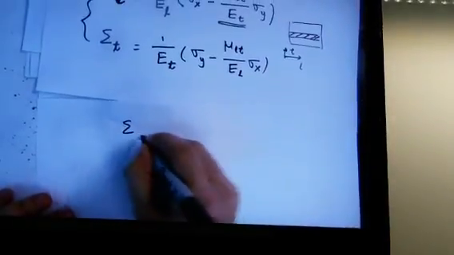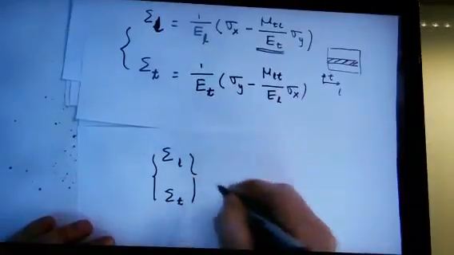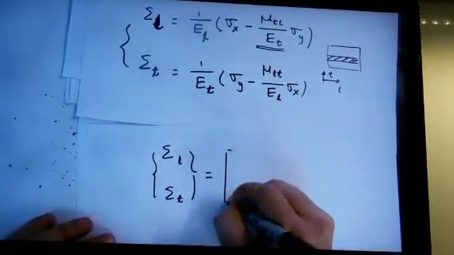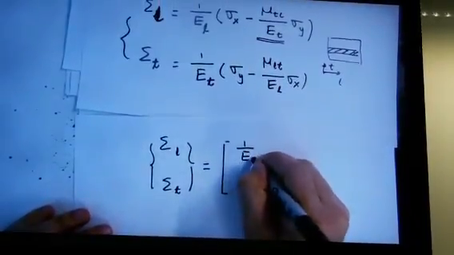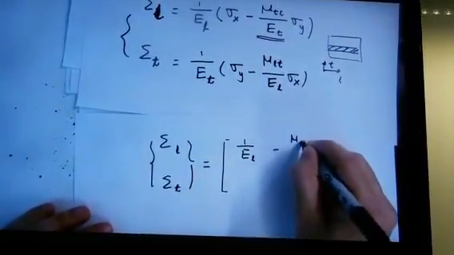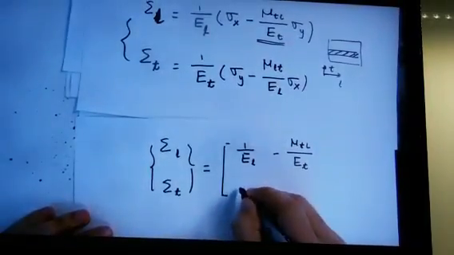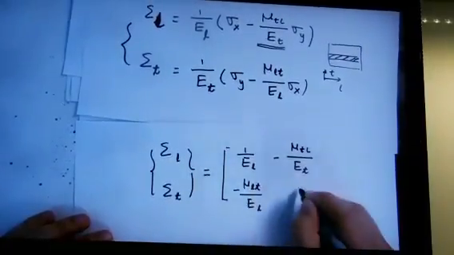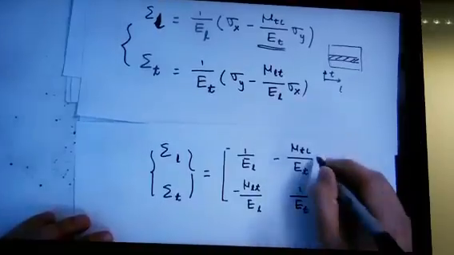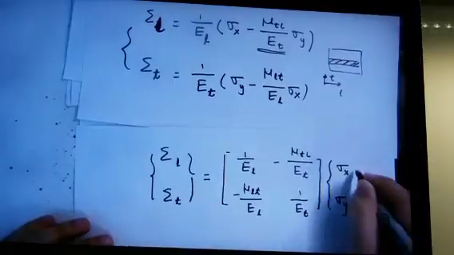We can write these two equations in a matrix form. Epsilon L, epsilon T will be, I just rewrite those two equations in a matrix form: epsilon L, mu TL, and this one should be mu LT, EL, ET, sigma x, sigma y.